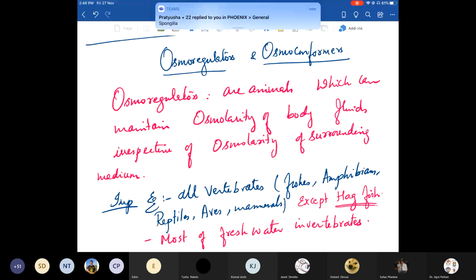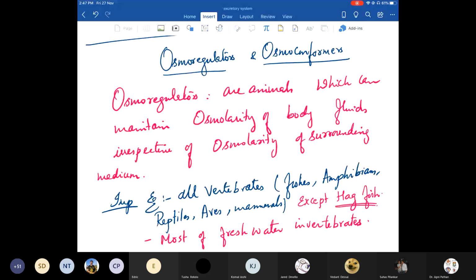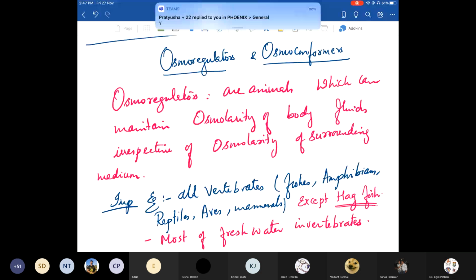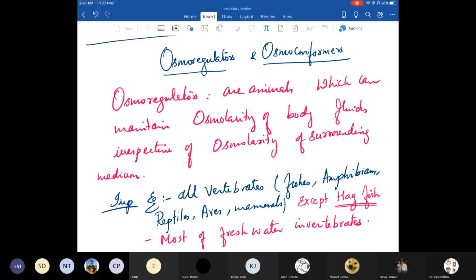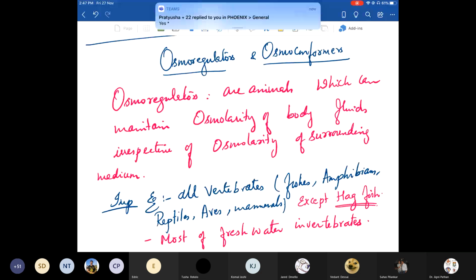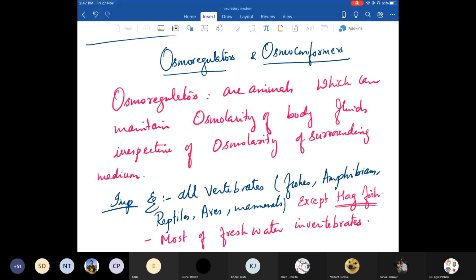So this all comes under osmoregulators. Is it clear? Because they maintain the osmolarity, whatever the osmolarity outside, it's not going to affect their inside osmolarity. Clear?